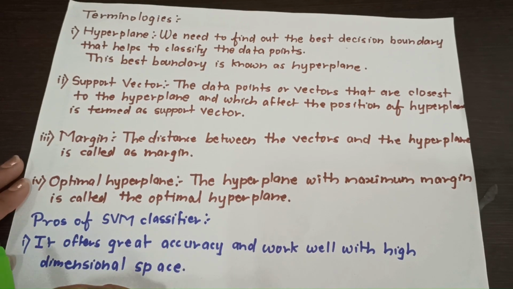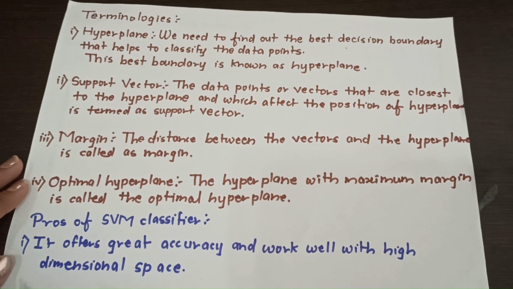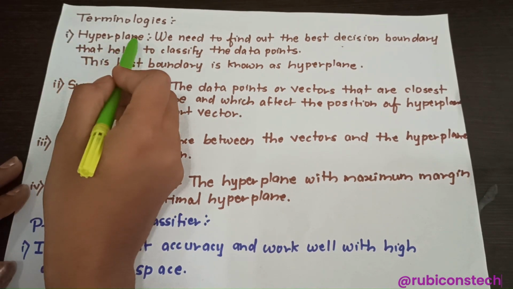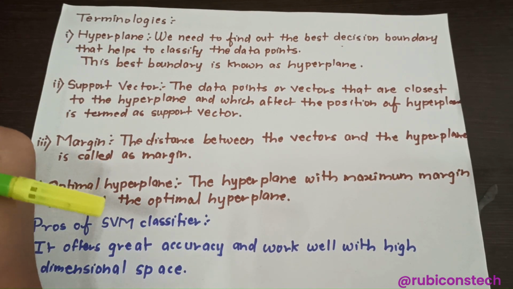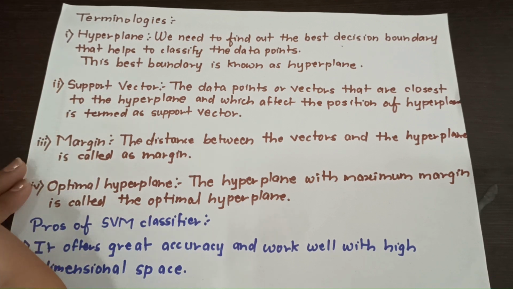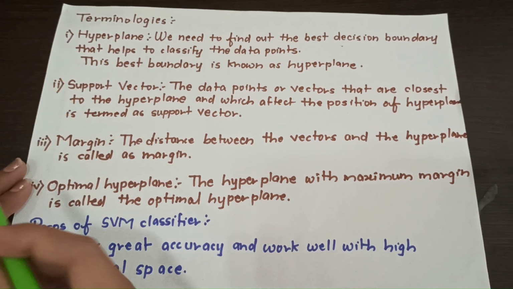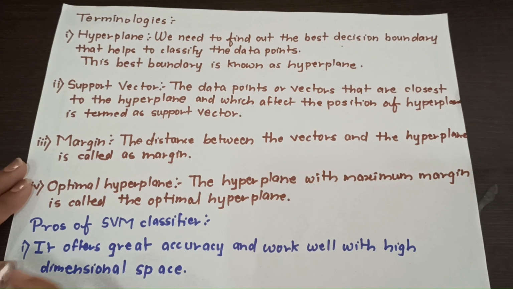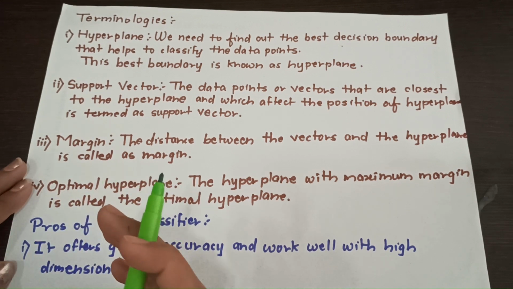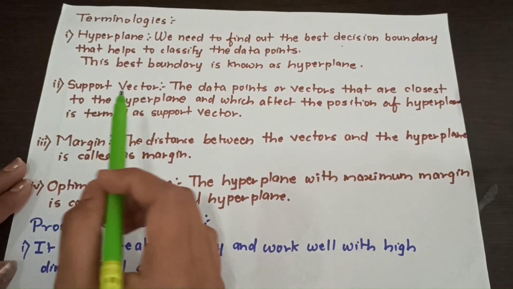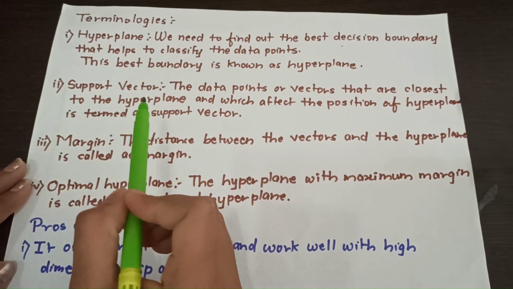Now we will see the terminologies related to the SVM. The first one is the hyperplane. As we have seen, the SVM tries to segregate the n-dimensional space into the categories using the best line. This best line or decision boundary is called the hyperplane.